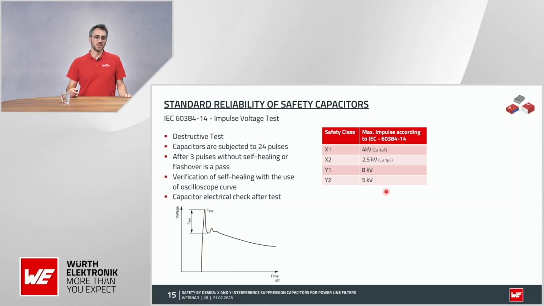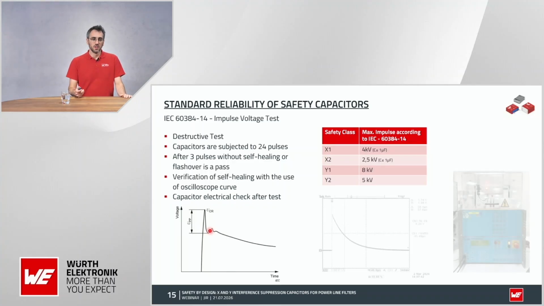And the difference between them is the level of voltage that they are supposed to pass in the impulse voltage test. Now, in this test, we can expect to see self-healing, actually, because as we know, this is an intended feature of film capacitors. And in the norm itself, they are allowing us to see this kind of curve. And this means there was a self-healing episode happening, and we are supposed to measure the capacitors 24 times with a time in between pulses.